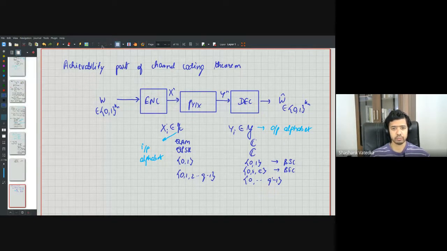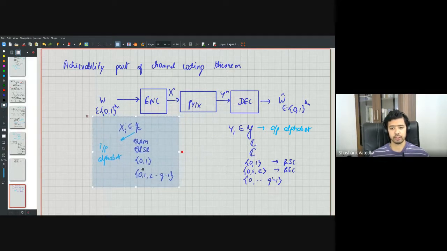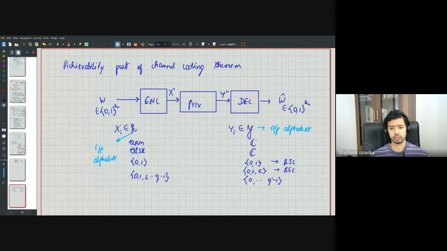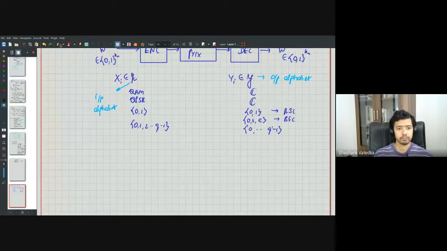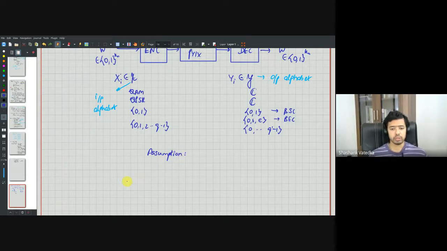Okay. So although we can prove a more general channel coding theorem for continuous channels as well, we will, for simplicity's sake, assume that everything is finite. The main reason for doing so is because all the properties that we have proved about typical sets, in fact, even the definition of the typical set, assume that the alphabets are all finite.